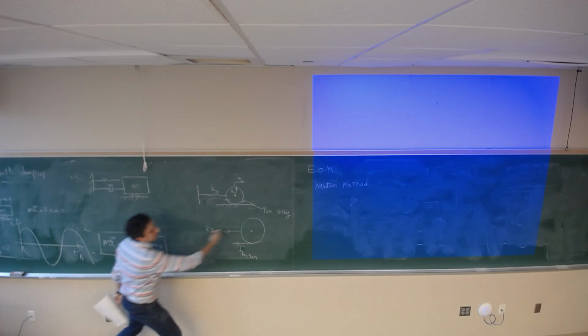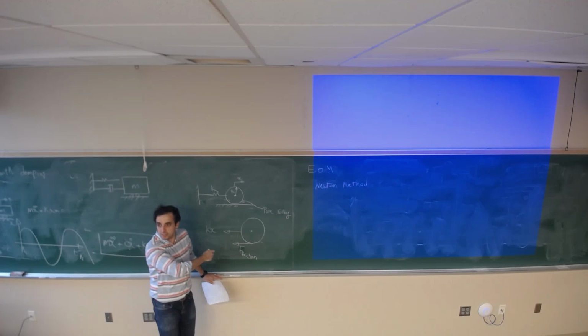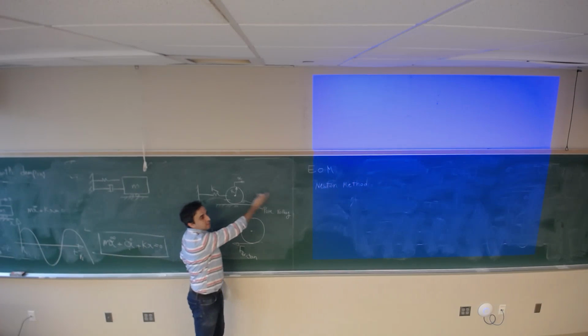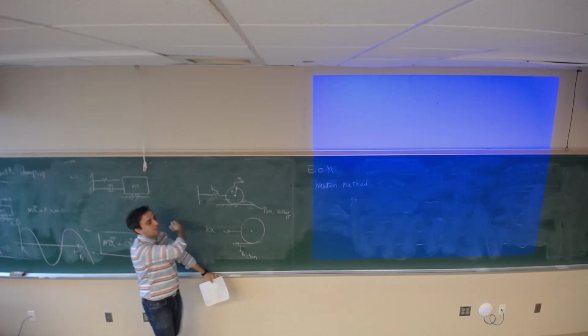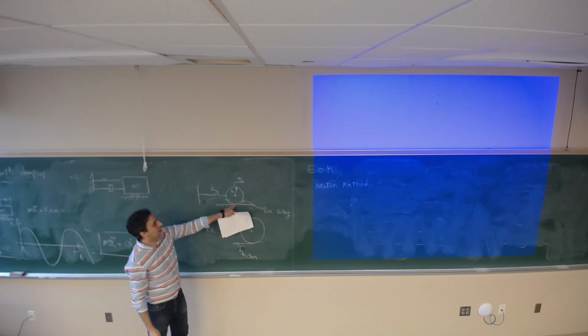If it's moving in this direction, you're gonna apply the friction in the opposite direction. Make sense? If it's moving in this direction, the friction is acting in the opposite direction of the motion. And it's acting right here at the contact point.